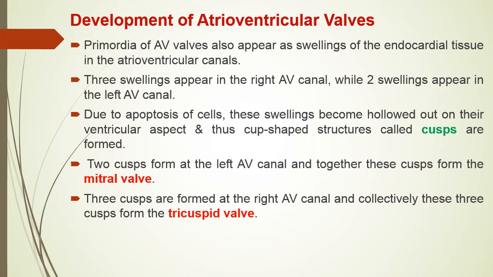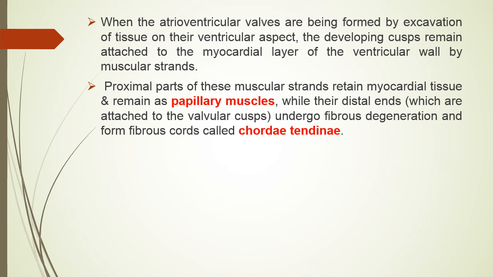And partly we have seen this already, that swellings appear, they become hollowed out on their ventricular aspect, not on their distal aspect, but on the ventricular aspect, and then the cup-shaped structures, which are the cusps, are formed, and to these cusps are attached the trabeculae, which are formed in the papillary muscles. This we have discussed, and also seen in the previous diagrams, that papillary muscle is a name given to the proximal parts of those trabeculae which persist in the form of muscular strands.